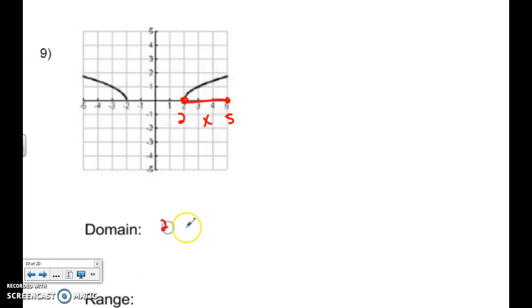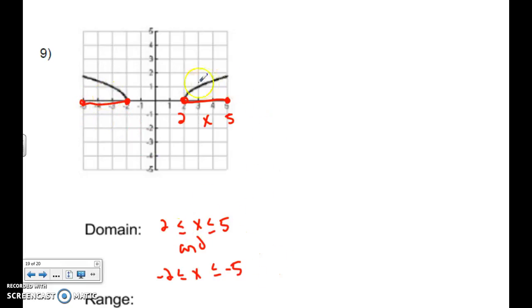So I would say that 2 is less than or equal to x, which is less than or equal to 5 is true. Now, it also looks like it's going this way from -2 to -5. So I would say and -2 is less than or equal to x, which is less than or equal to -5. It's between -5 and 2.